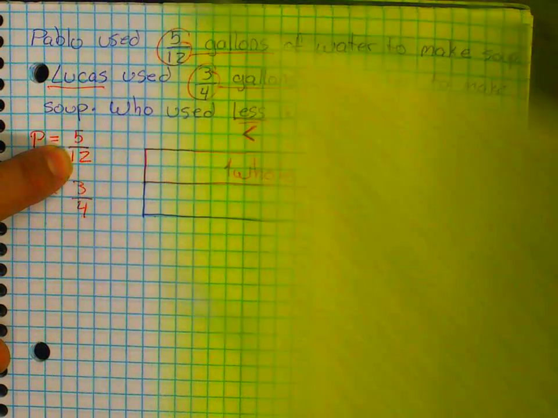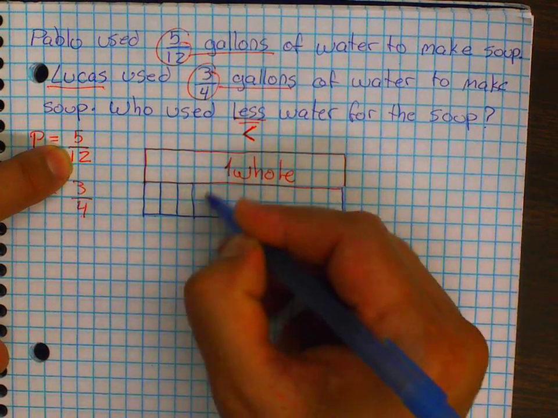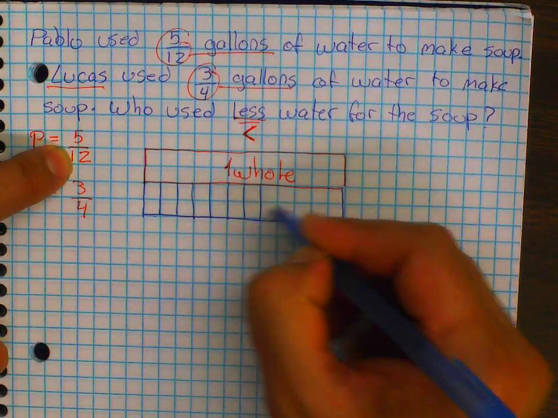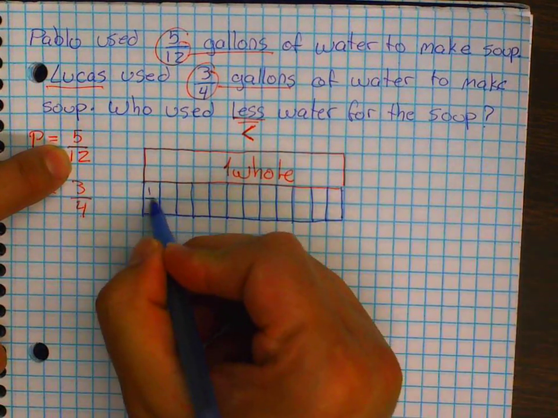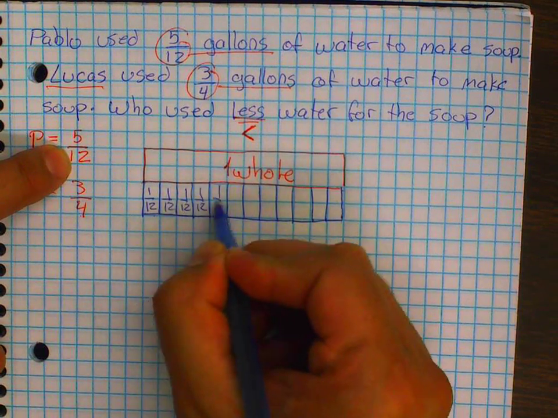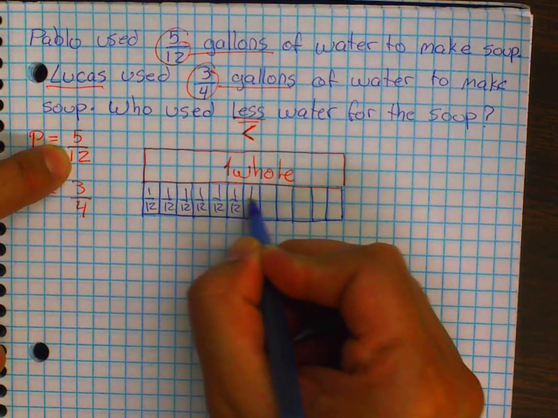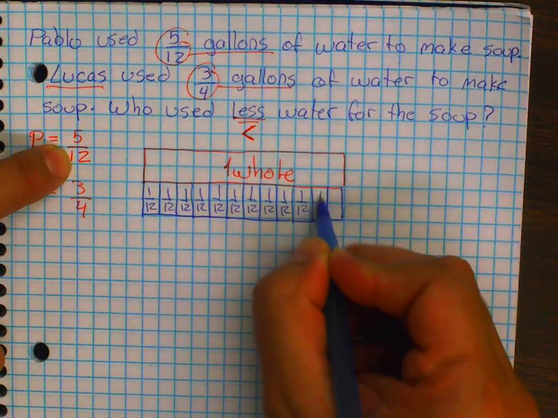So I'm going to go 1, 2, 3, 4, 5, 6, 7, 8, 9, 10, 11, 12. So each one of these is 1/12.